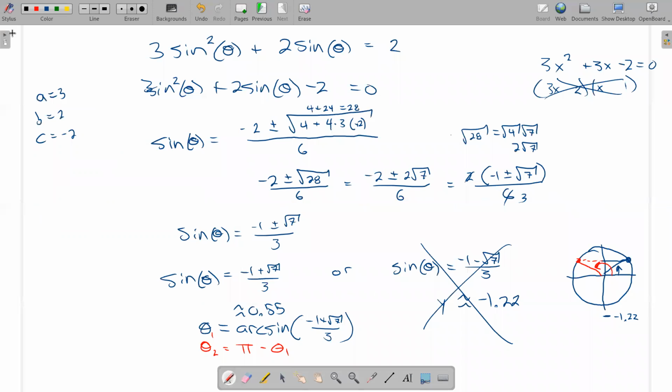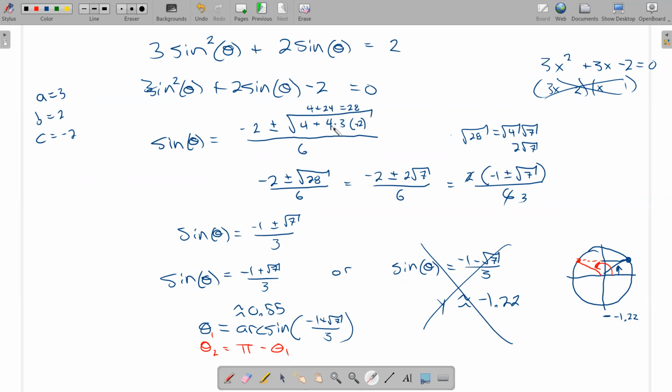So let's see, 3 sine squared, let's troubleshoot this, plus 2 sine equals 2, that's what I graphed. Subtract the 2 over and I get a is 3, b is 2, c is -2. Negative b plus or minus the square root of b squared minus 4ac.